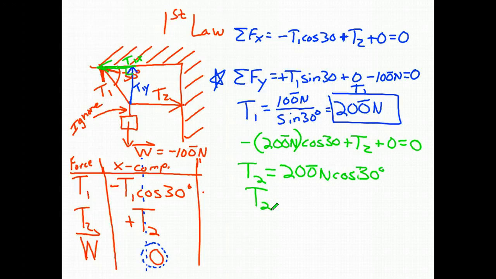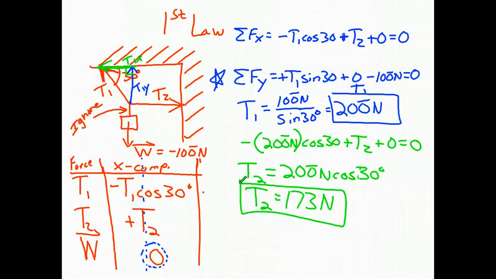I punch that into my calculator and I get 173 newtons. Okay, that's the end of the first example problem here for Newton's first law of motion.